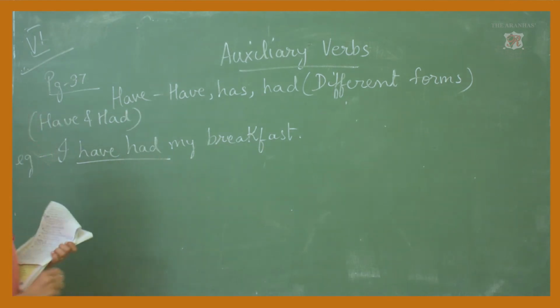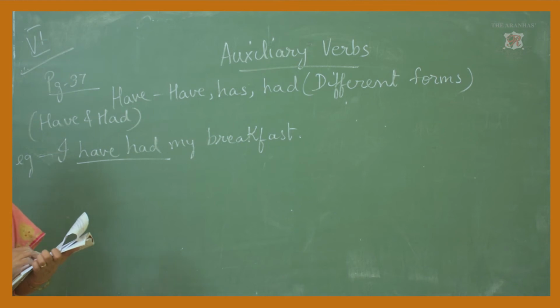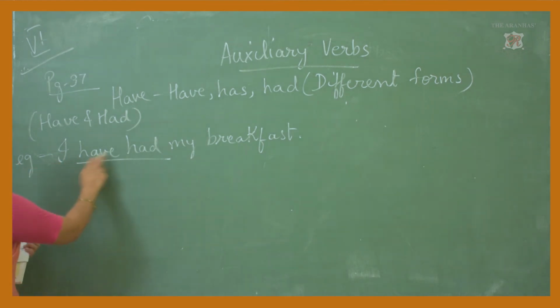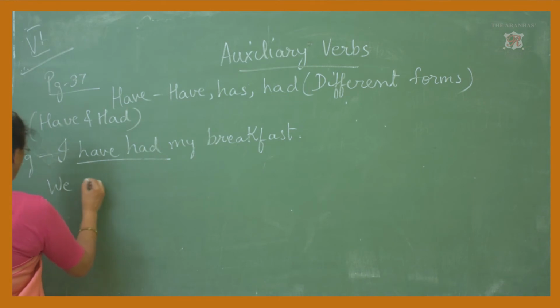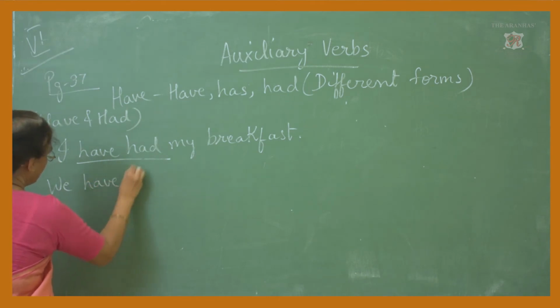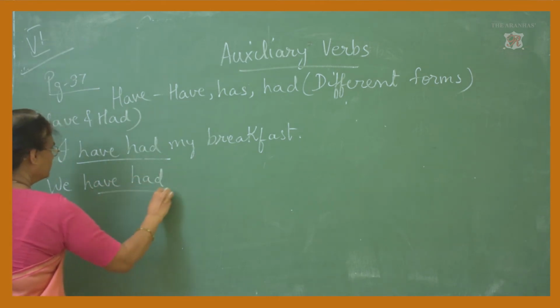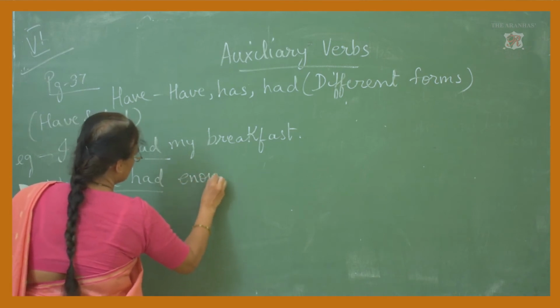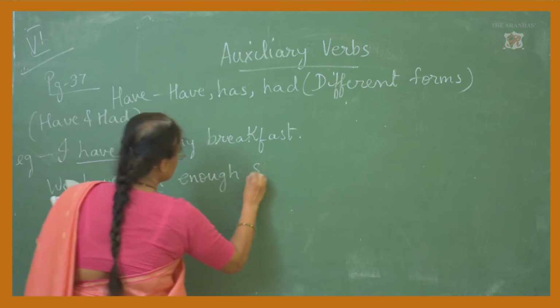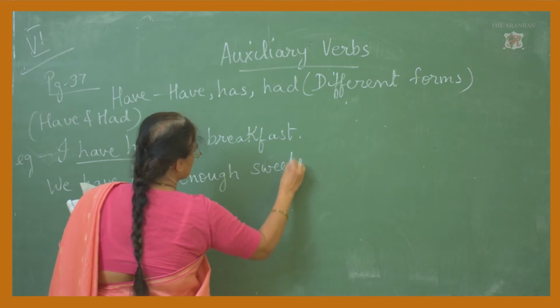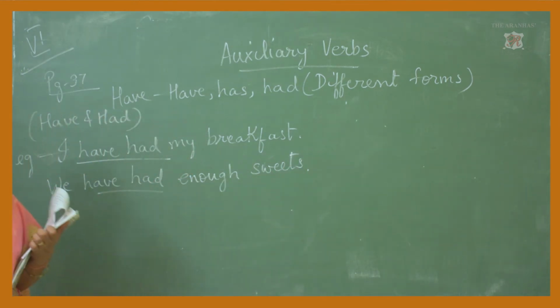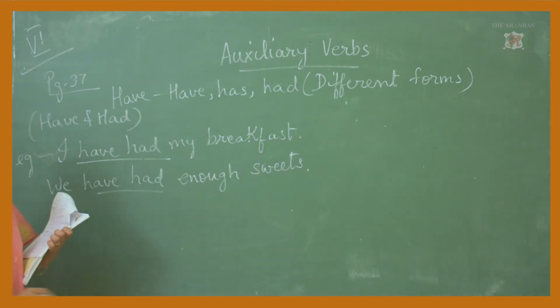Have and had, both are used. That is auxiliary verb plus past participle of the finite verb. We, plural form. We have had enough sweets. So I hope everybody has understood how they go together. Okay?